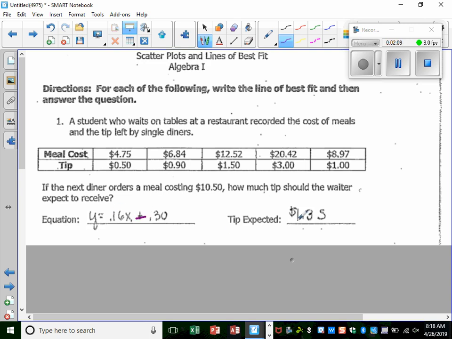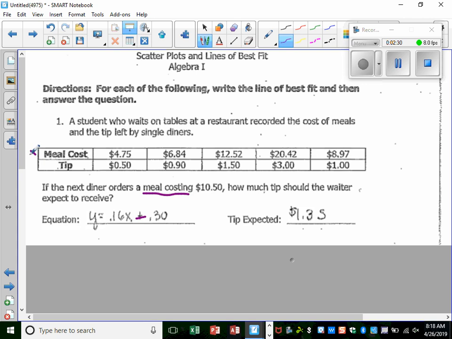Now it says if the next meal costs $10.50, how much would you leave for a tip? Remember meal cost is your X and tip is your Y, because you always want to pay attention to how it's labeled.